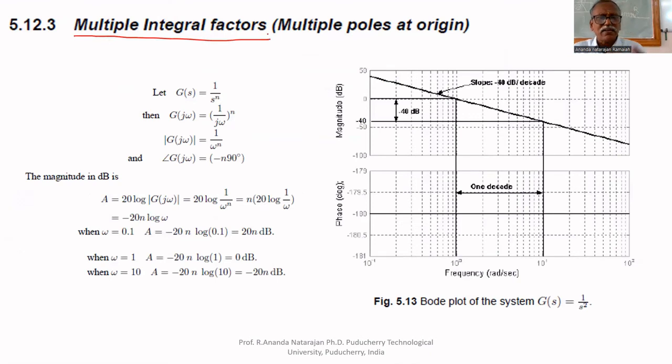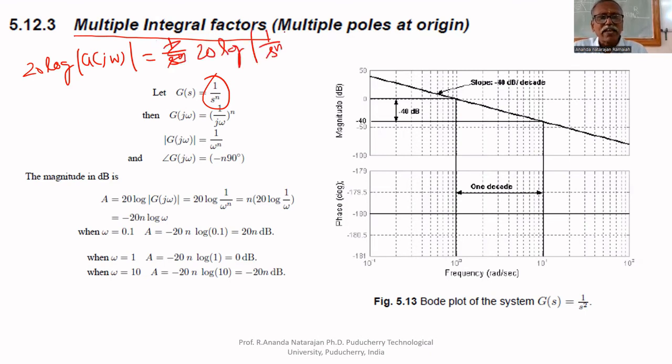Integral factors, that we have already seen. 1 by s power n means, in decibel scale, 20 log modulus of G of j omega equal to 20 log modulus of 1 by s power n.